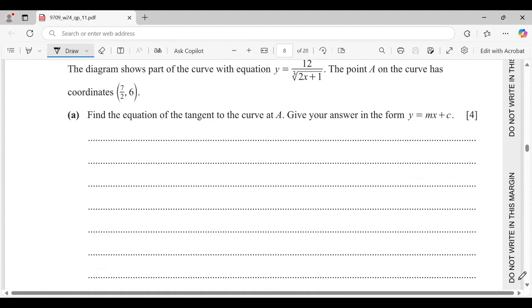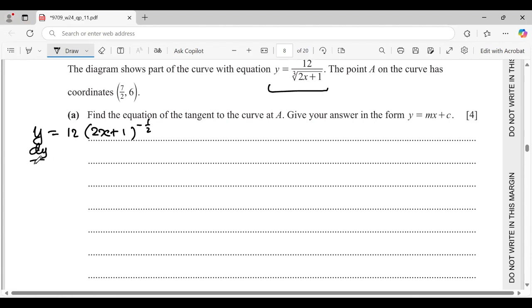Right. So based on this information, I would like to write y as 12 times (2x plus 1) to the power minus 1 third. So we need to find dy/dx for the gradient.